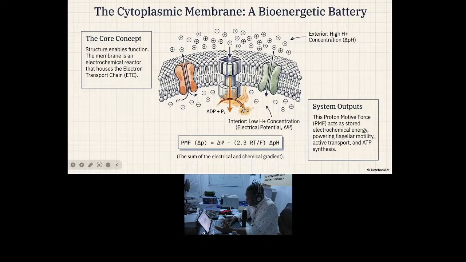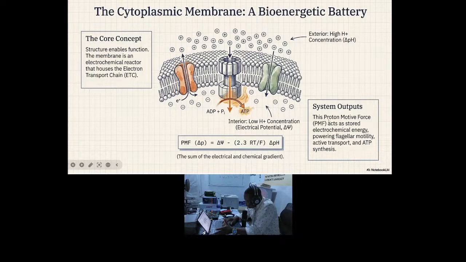That's why the exterior is very high in hydrogen. And if it is very high in hydrogen, that means movement of that proton, which is hydrogen, will be more towards the internal, towards the cytoplasmic matrix.